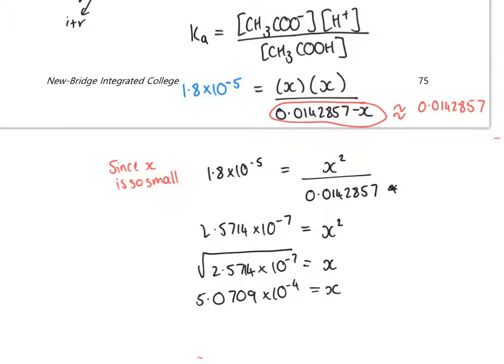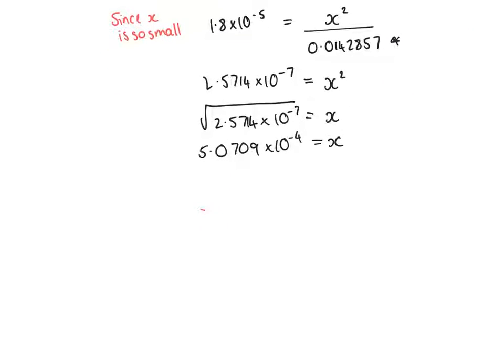Okay, so don't lose sight of what we're trying to do. We're trying to work out the pH of the new dilute acid, and in order to do that, I need to use my pH equation of minus log H plus.